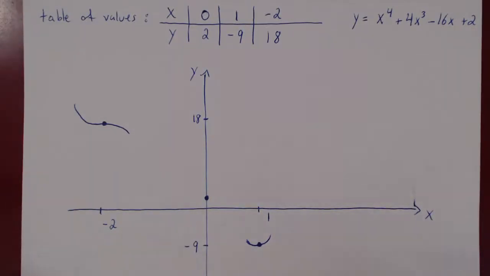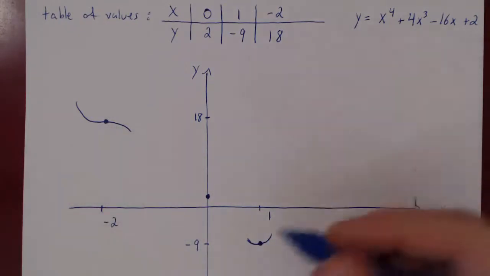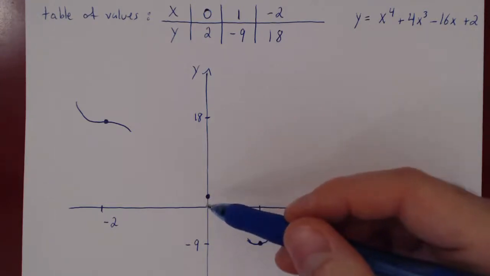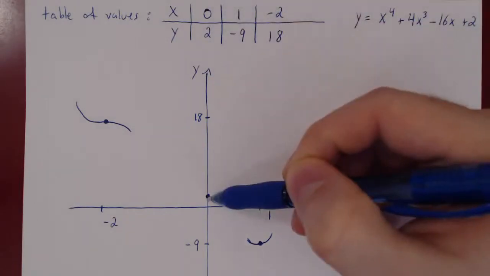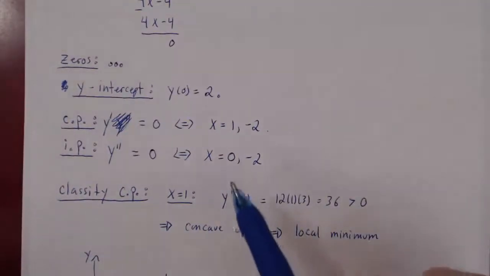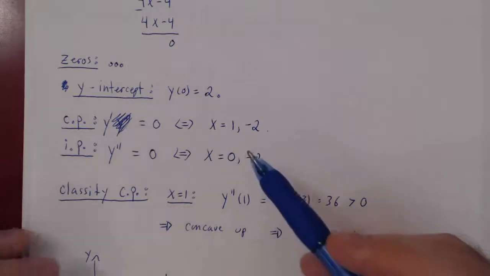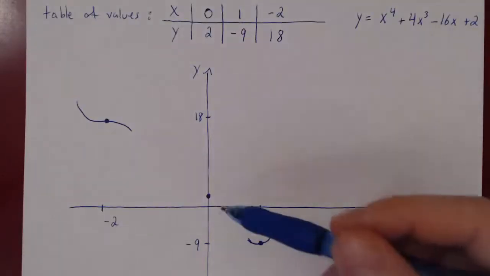Let's look at the local behavior of our graph. So let's figure out what happens here. What was the point x equals 0? If you remember, x equals 0 was not just the y-intercept, but it was also a point of inflection, right? If you go back, the two possible points of inflection were x equals 0 and x equals negative 2. So is there a change in concavity at x equals 0?